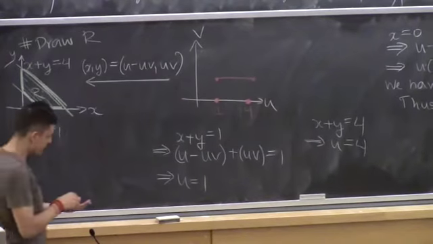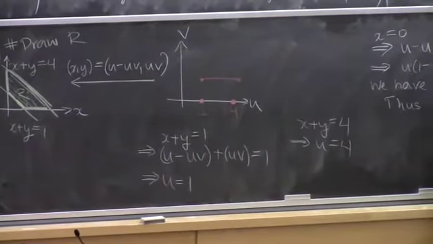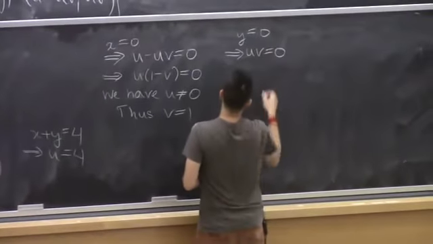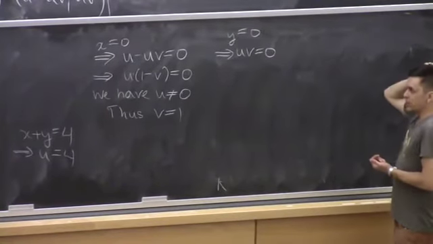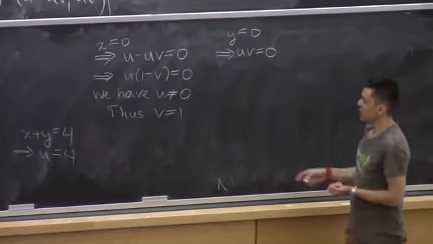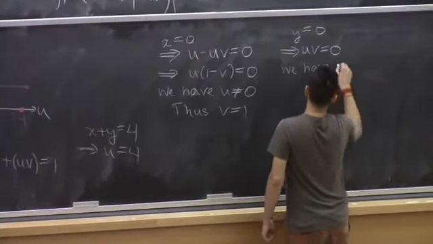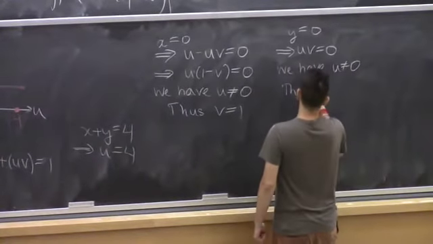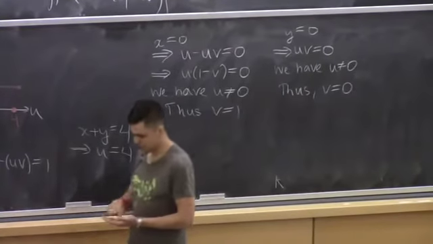All right, and then we get this product is 0. We have u does not equal 0. Thus v is equal to 0.